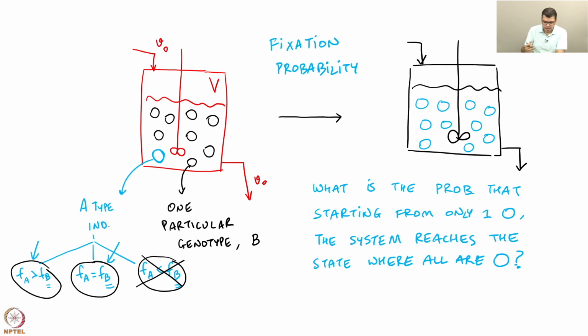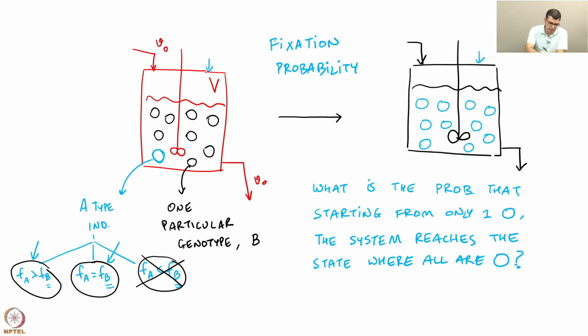We need a mathematical approach to answer this question, and again you should realize that this probability of transitioning from this state to this state is not equal to 1 even if blue is more fit as compared to the black genotype.